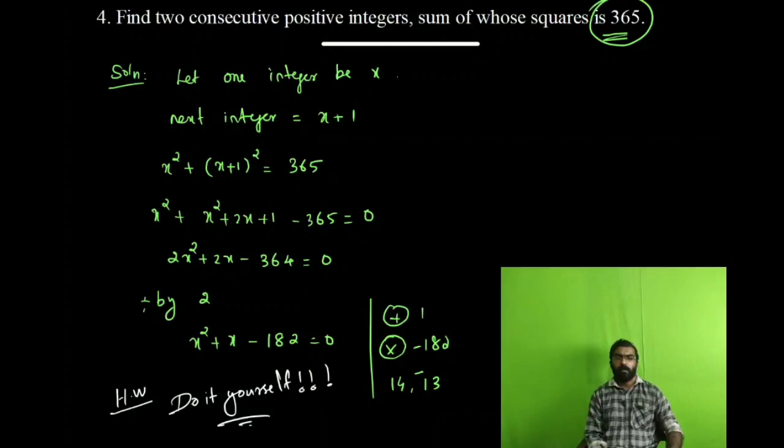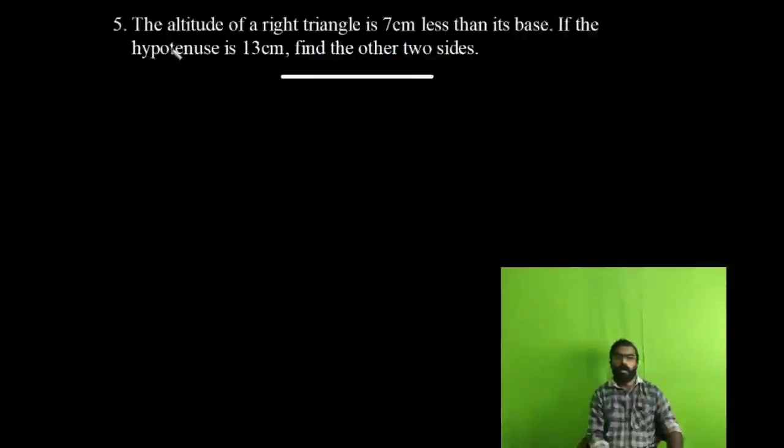Okay. Now we move on to question number 5. The altitude of a right triangle is 7 cm less than its base. If the hypotenuse is 13 cm, find the other two sides. So here we are given a right triangle.